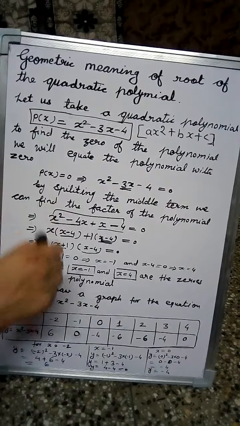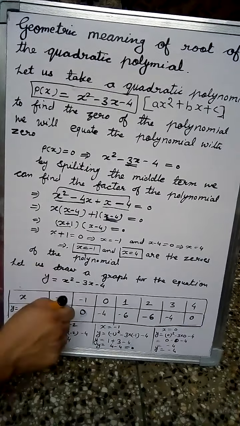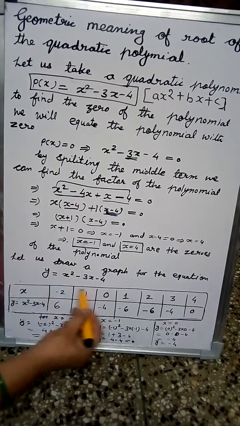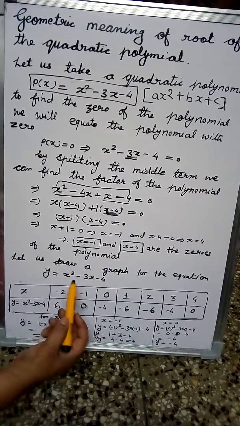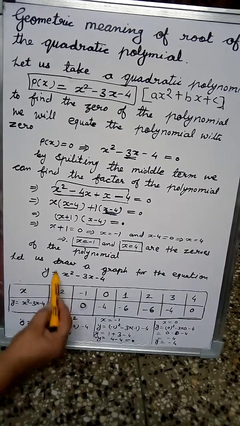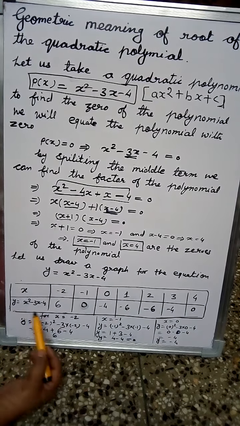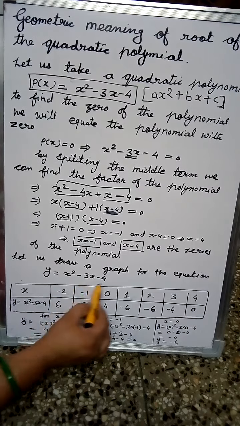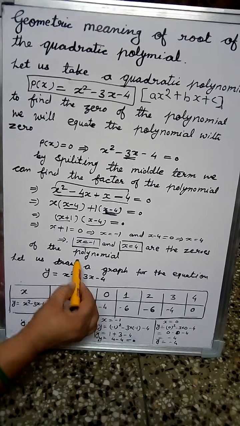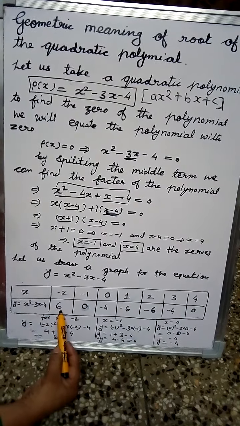The same thing we can verify with the graphical method, that the quadratic polynomial has two roots. When we put different values of x in this polynomial, we get different values of y. When we put x is equal to minus 2 in the polynomial x square minus 3x minus 4, we get y is equal to 6.